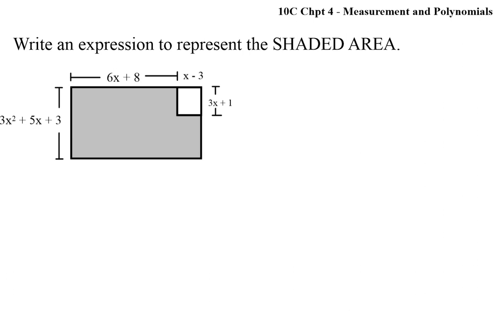So here we want to represent the shaded area. Again, there are different ways to do it. What I would like to see in this case, a little bit different, is I want to take a look at a shaded region. A lot of these questions, we can get the area of the big shape, and then we calculate and subtract the area that's unshaded.